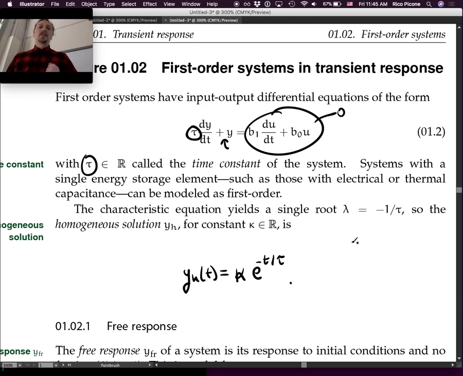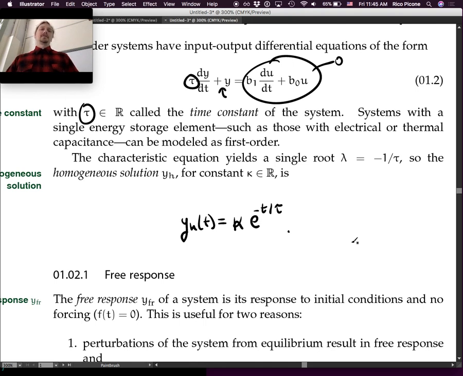So that's the homogeneous solution. Pretty easy to get the homogeneous solution of a first order system. And we could actually just integrate. In any case, if you're confused on how we got there, you should definitely start reviewing that, because I'm just going to assume we know how to do that in this class.